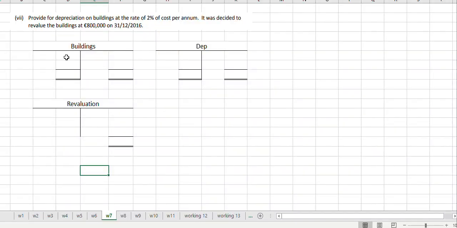So go back here and put in the opening balances. Opening balance 680,000. Opening balance 85,000. Okay, so buildings revalued at 800,000. What does that mean? To get 800,000 from 680, you must add on 120,000.